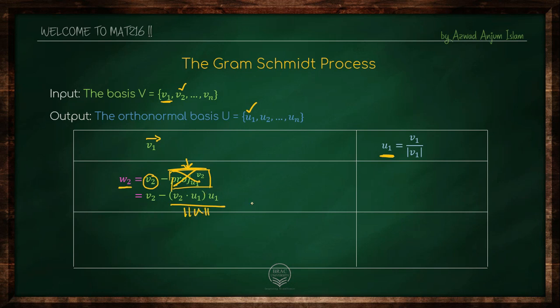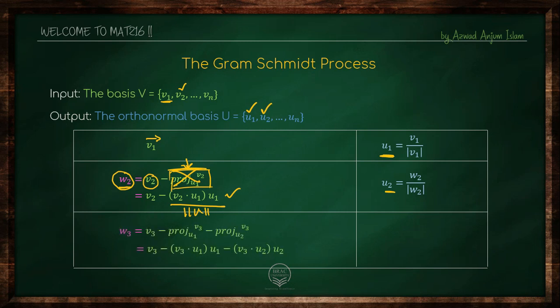So this is our formula, which will give us w2, which is orthogonal to u1. What is the one step remaining? We have to make the length of w2 equal to 1. So just like before, we divide it by its own length, and we get the second vector in our basis.